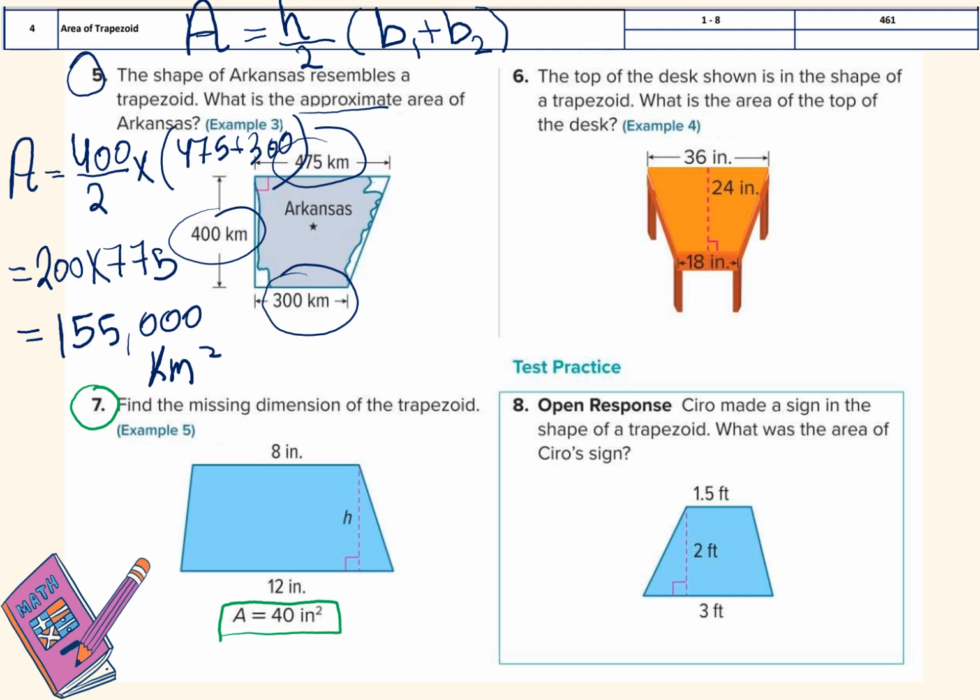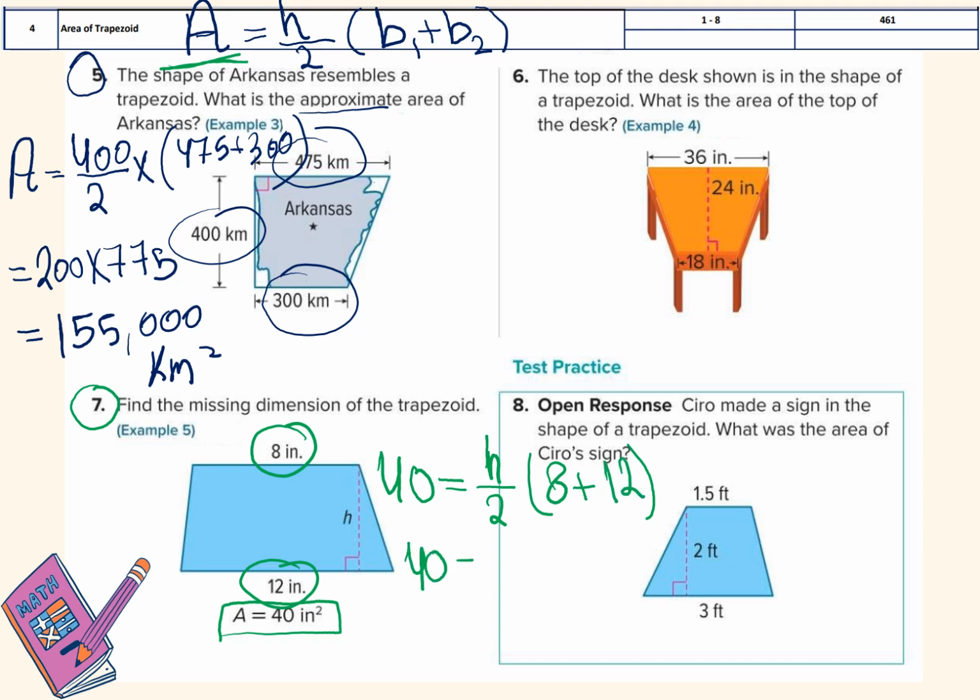So, basically, I'm going to use the same formula, but I'm going to replace A by the area given in the question, which is 40. So 40 equals the height, which is missing, over 2, multiplied by the sum of the bases. The bases are 8 and 12, so we're going to add 8 and 12.